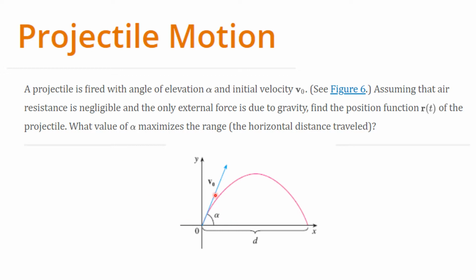You see, air resistance isn't affecting the horizontal motion, but you're going up, and then you're coming down. Gravity is affecting you both when you're going up and when you're going down. So the only external force is due to gravity, and you want to find the position function r of t of the projectile. What is the value of alpha that maximizes the range, the horizontal distance traveled?